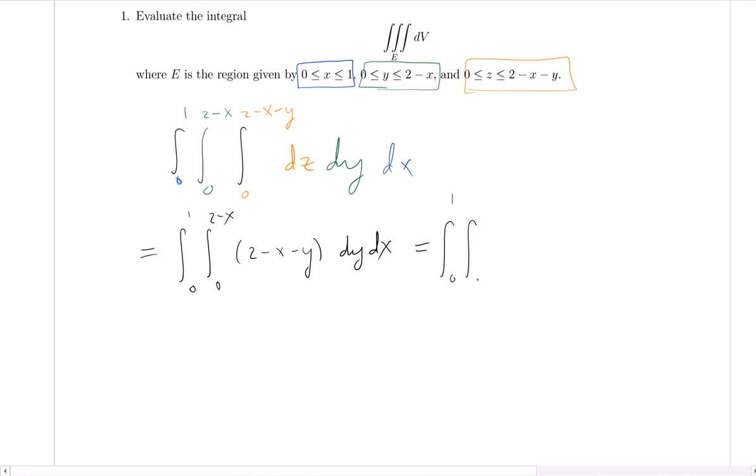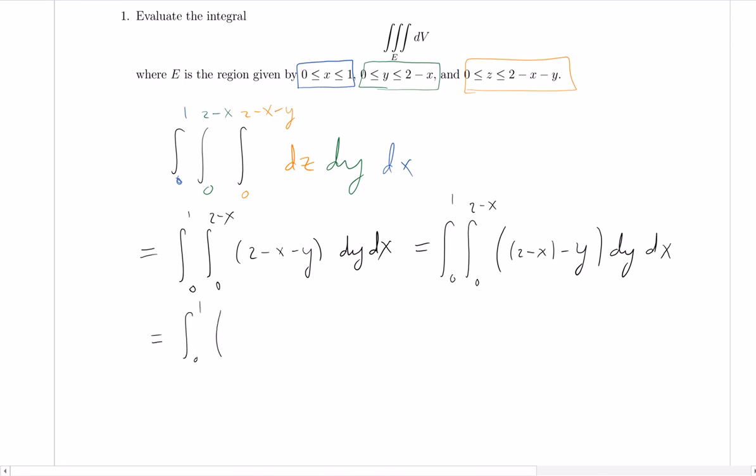So I'm not going to do anything special right here. I'm just going to separate the 2 minus x from the y to remind ourselves that y is the only variable and we're thinking of x as a constant. So I'm going to group 2 minus x and think of that as just one constant.